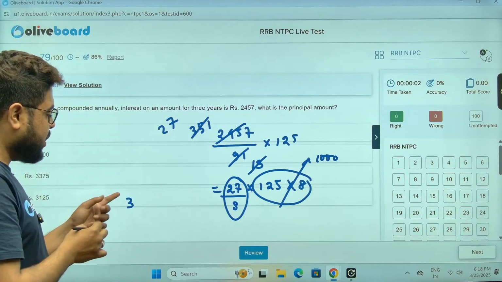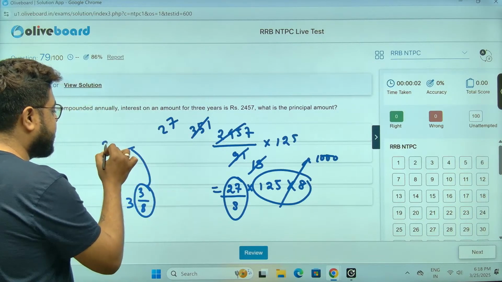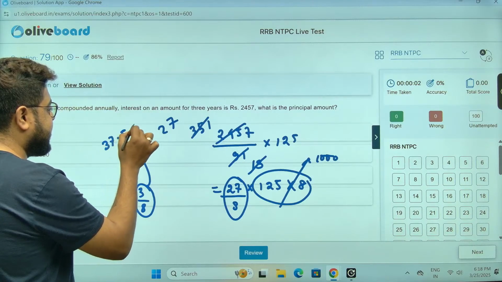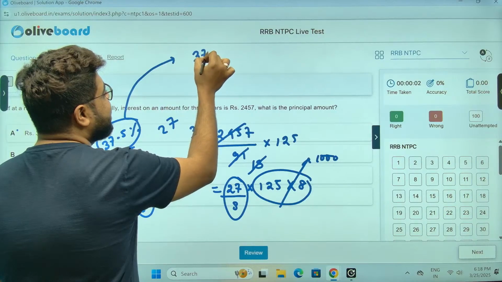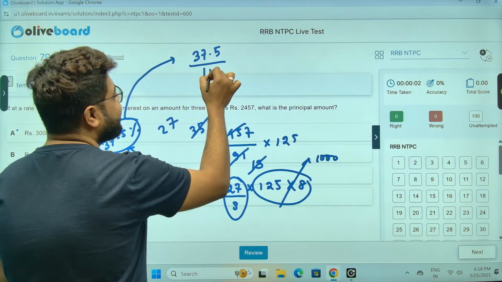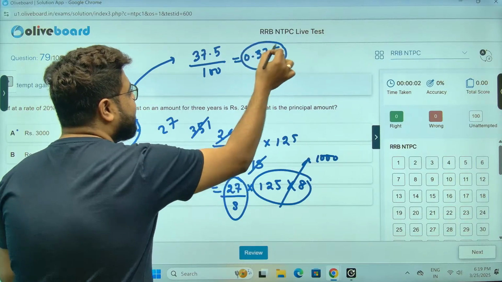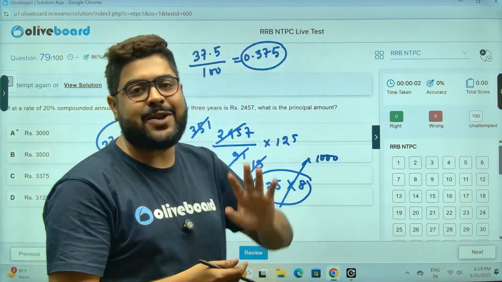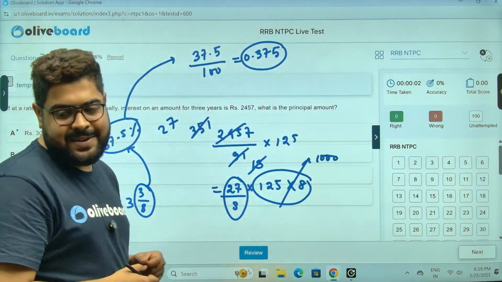Very good, 3 by 8. I know this in terms of percentage is 37.5%. Percentage means what, sir? 37.5 by 100, sir. It means 0.375. Remember that percentage to fraction conversion has applications in calculation as well.